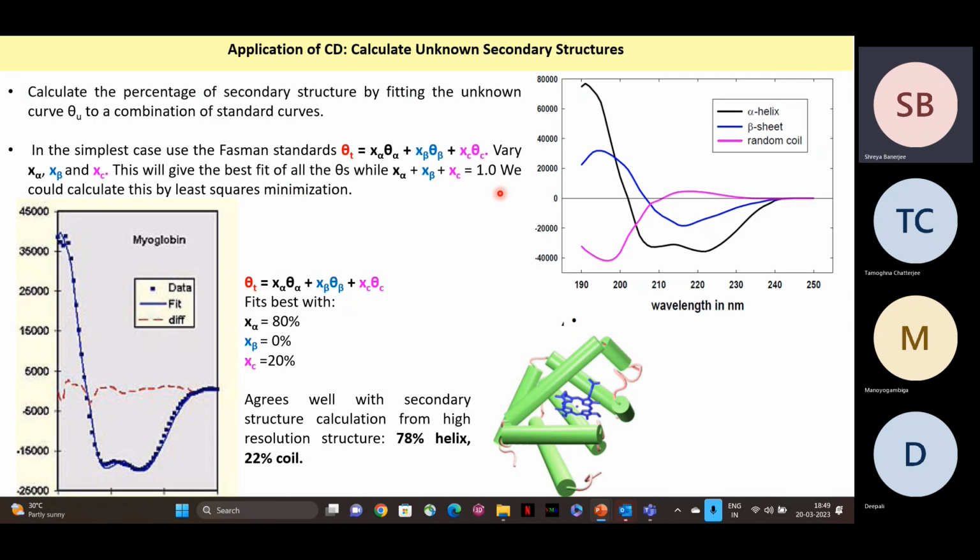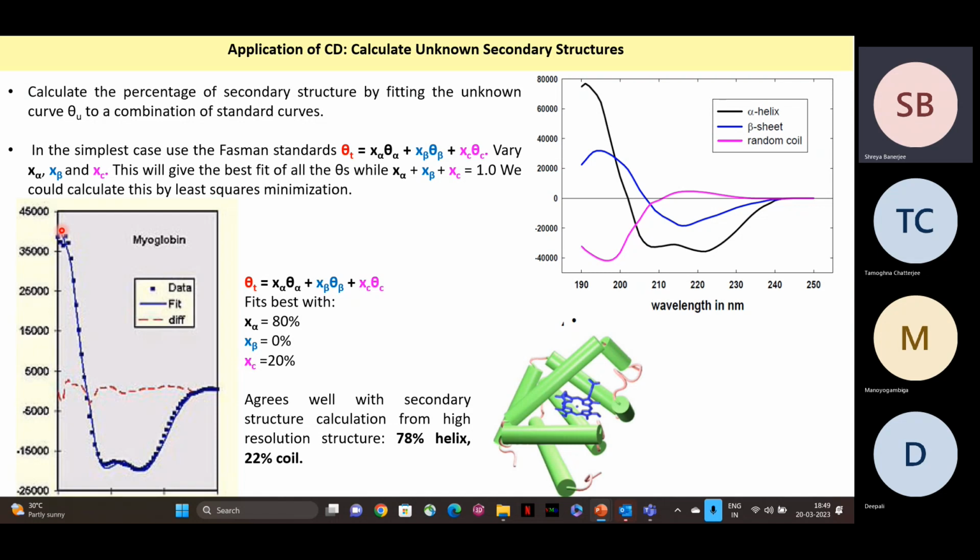So what this formula is saying is that the net CD spectra of a protein consists of a certain percentage of alpha helix, beta sheet, and random coil. And now we need to find out what percentage. This can be done by fitting of the data.